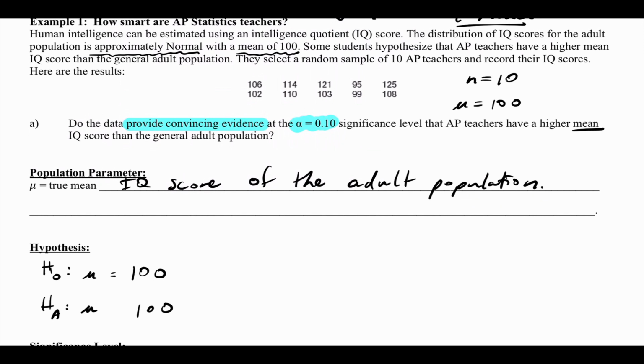So we have three options: greater than, less than, not equal to. Which one are we going to use for this guy? Greater than, because of the higher. AP teachers have a higher. We don't care if they have a lower. We want to know if they have a higher. Greater than. It didn't say a different. It just says higher. We want to know if they have a higher mean IQ score.